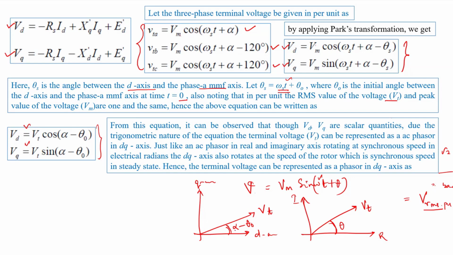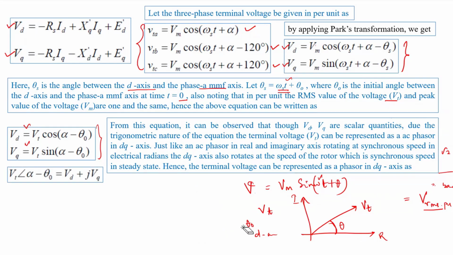Here also the dq axis is rotating at a speed of omega s. Hence, the terminal voltage can be represented as a phasor in the dq axis.